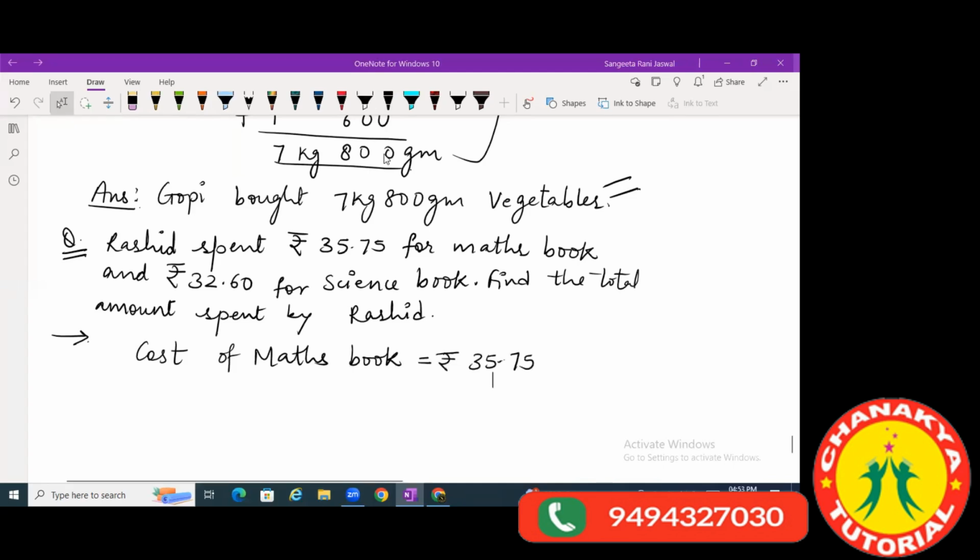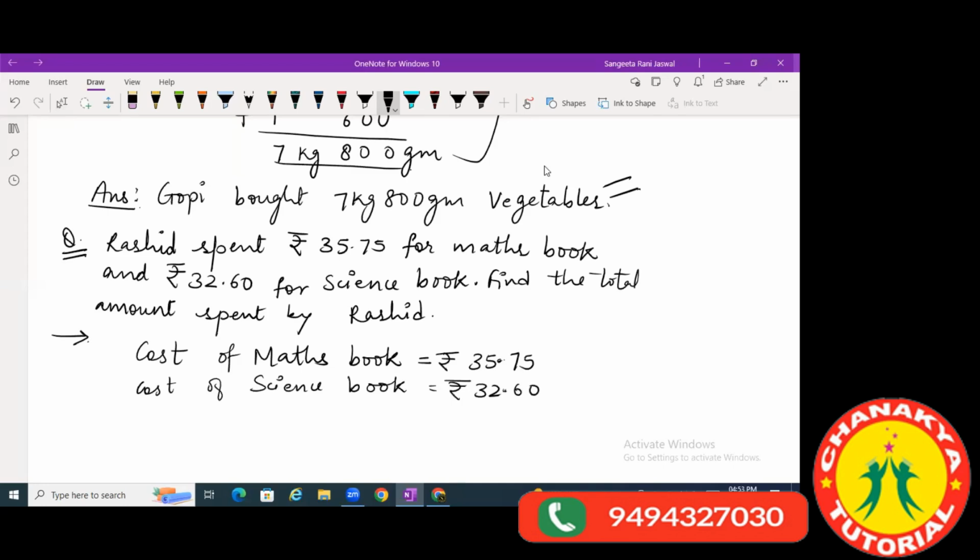Okay, now next statement, Harshit. Ma'am, cost of science book is equal to 32 rupees 60 paise. Okay, beta. Very nice. So cost of science book is equal to rupees 32.60.